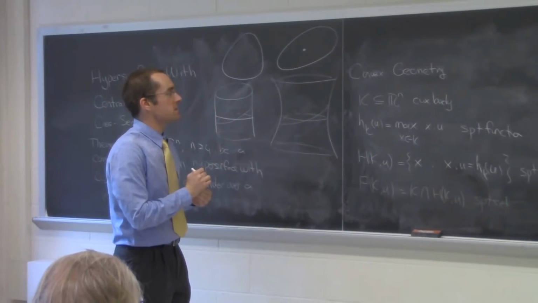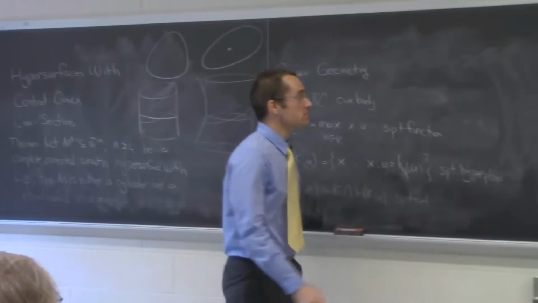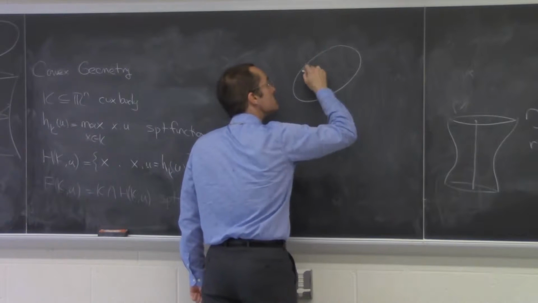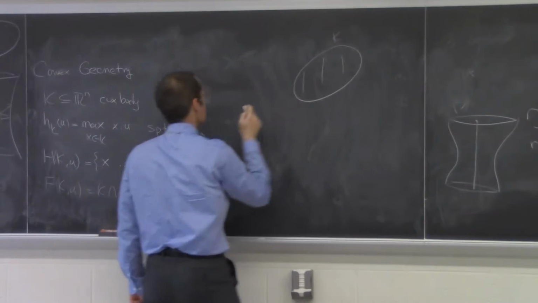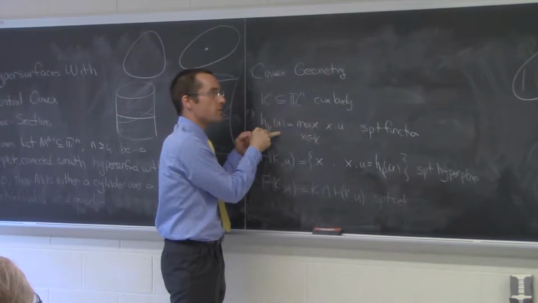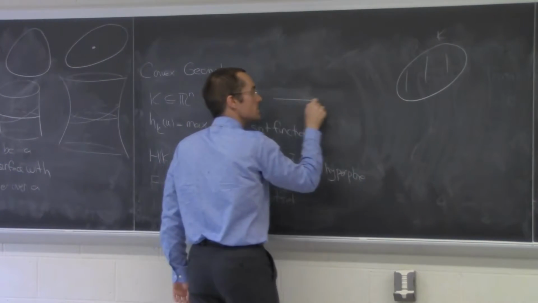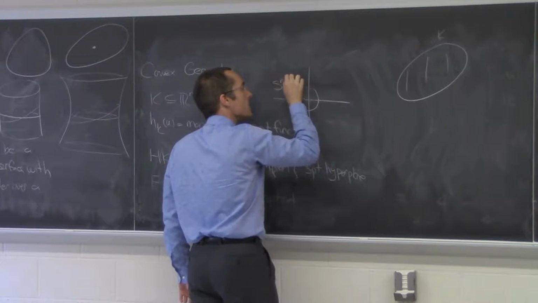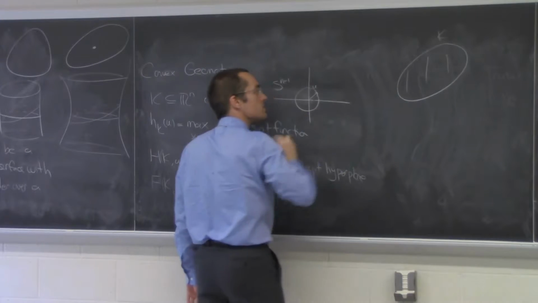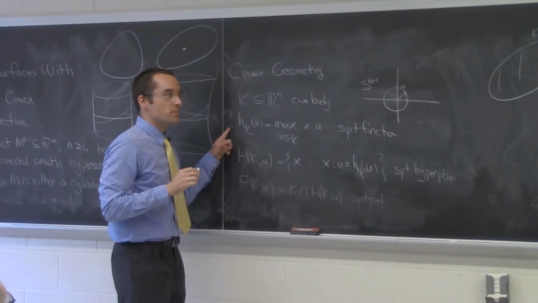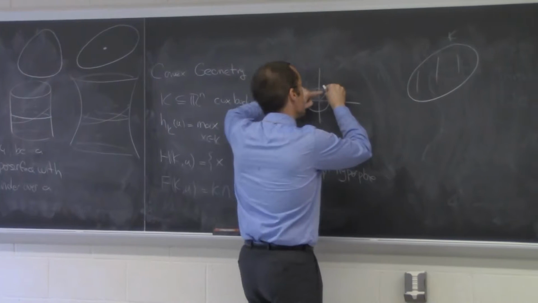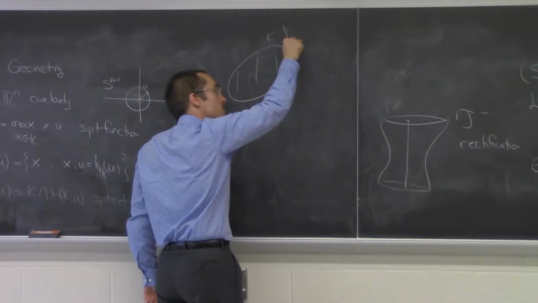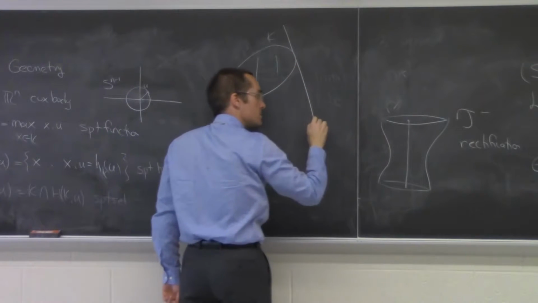Okay? An easy convex body is a solid ellipse. So now if I restrict this support function to the circle, let this be a unit direction, then what this measures is the distance, or signed distance, of the support hyperplane to the origin.